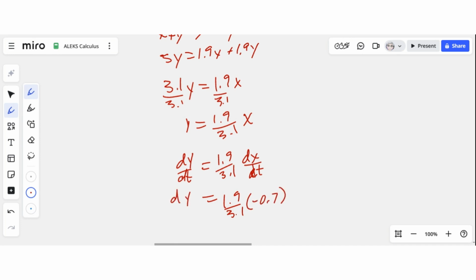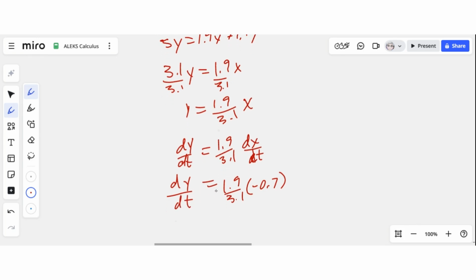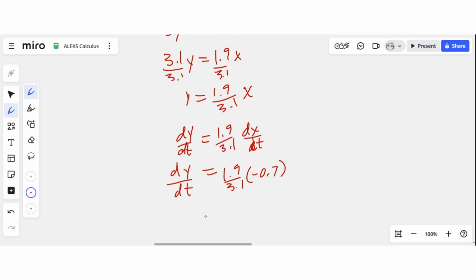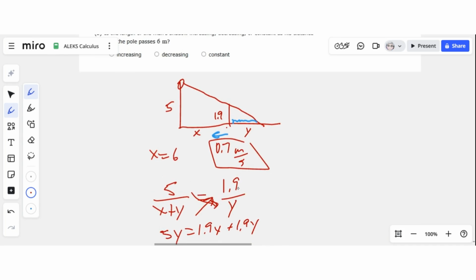And that now is going to give us dy/dt, which is the rate that y is changing with respect to time. When I do the calculations on that one, I get dy/dt equals negative 0.429. Now, negative 0.429 would say that y is getting smaller. So the shadow is getting smaller. Does that square with what we know?